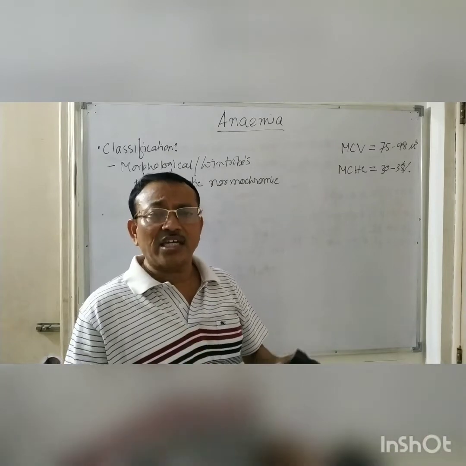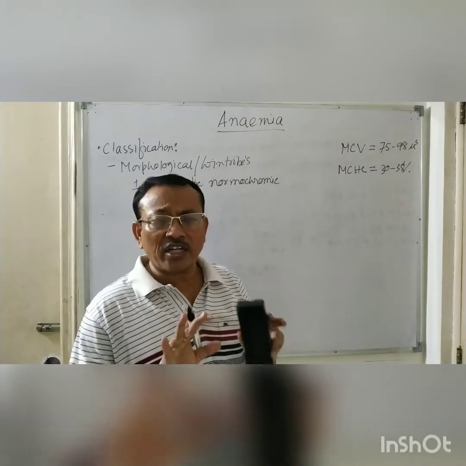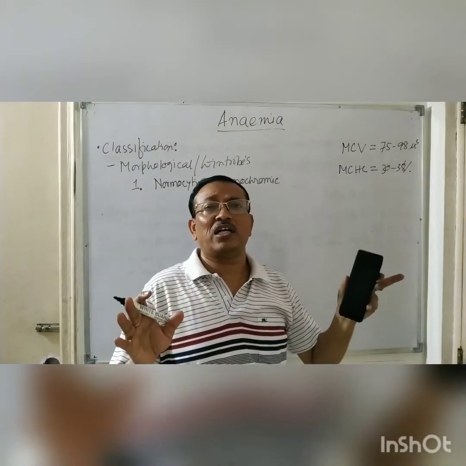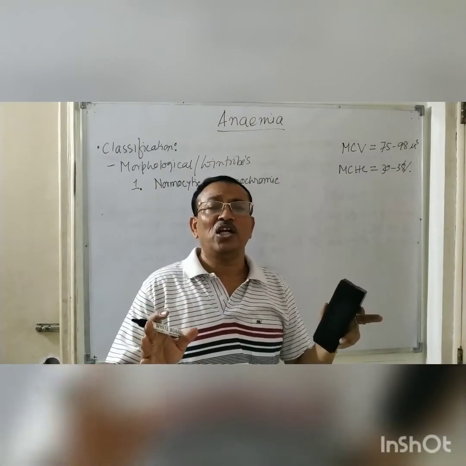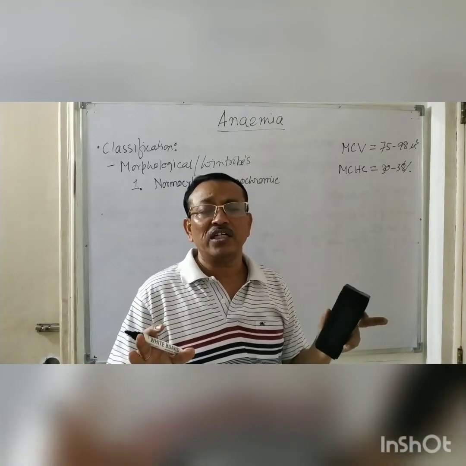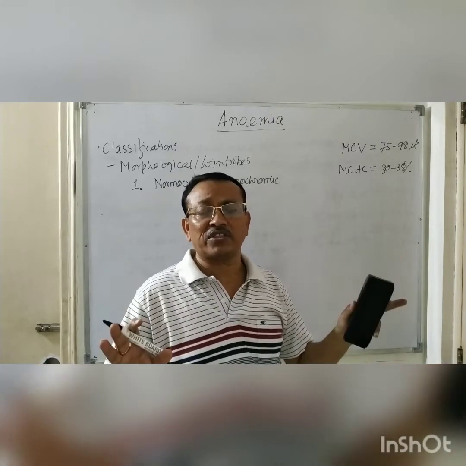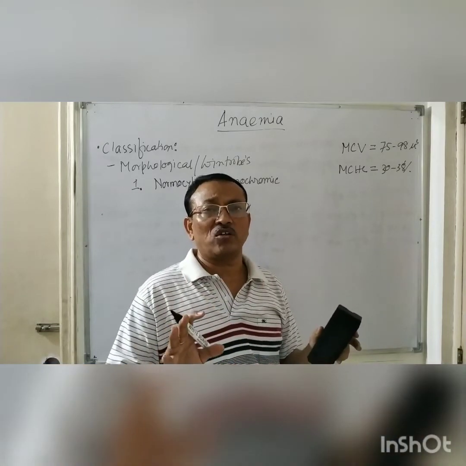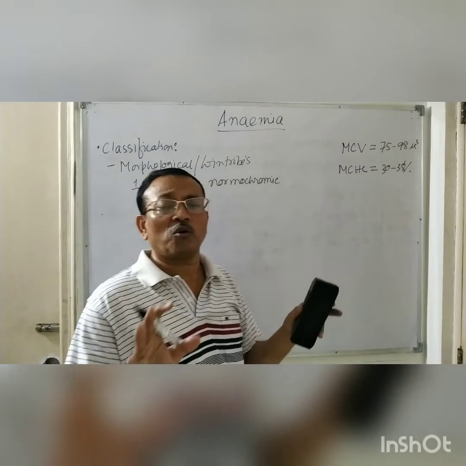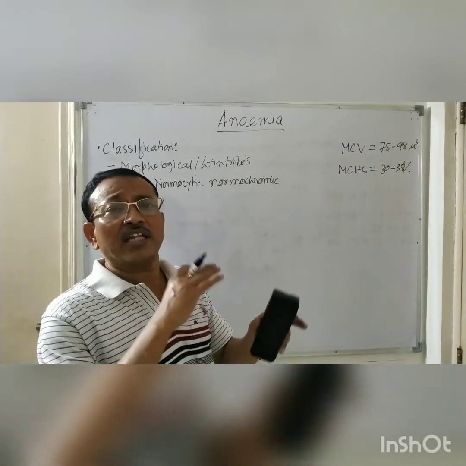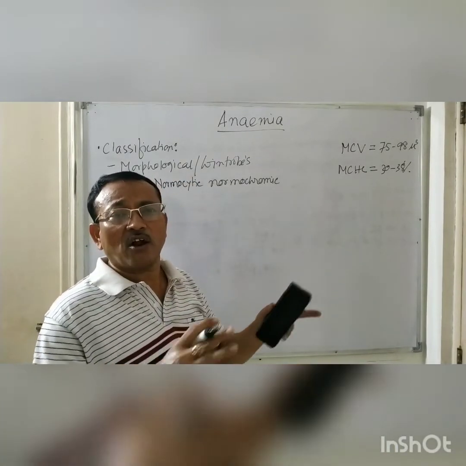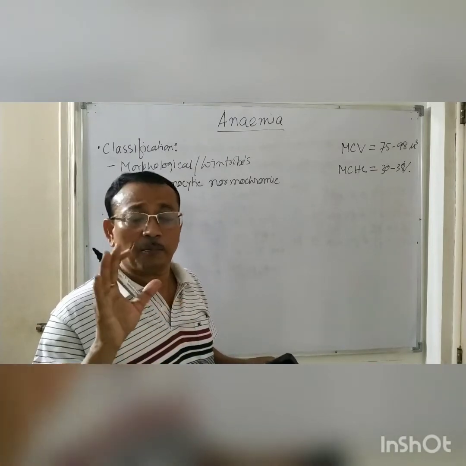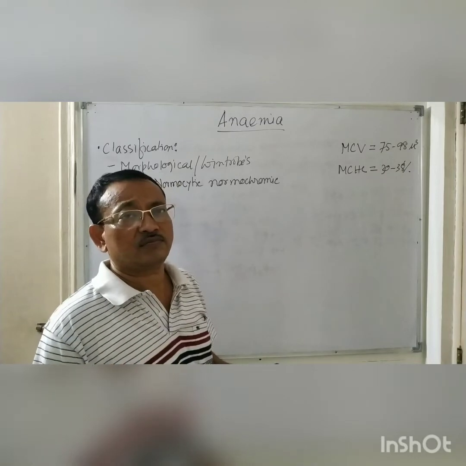But in reality, hyperchromic anemia cannot take place because 38% is the maximum capacity of the RBC to accommodate hemoglobin. Hemoglobin is completely saturated within the RBC, so more than 38% cannot be accommodated, and thereby hyperchromic anemia is practically not possible.